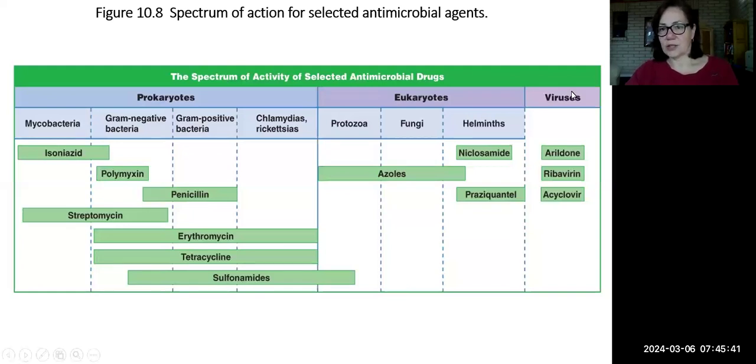These are acellular. And no huge surprise, things that are going to treat viral infections are going to have zero impact on fungal infections and zero impact on bacterial infections. And likewise, the medications that are going to treat bacteria are going to have no impact on viruses.